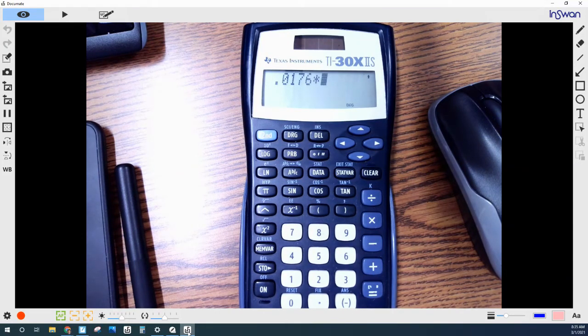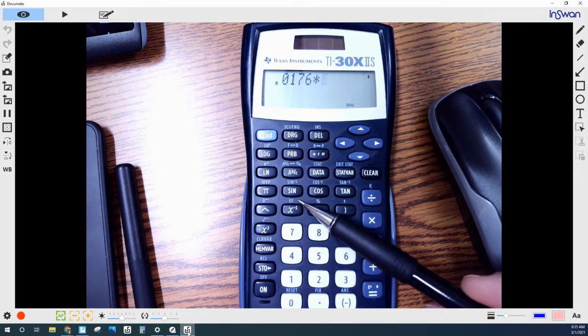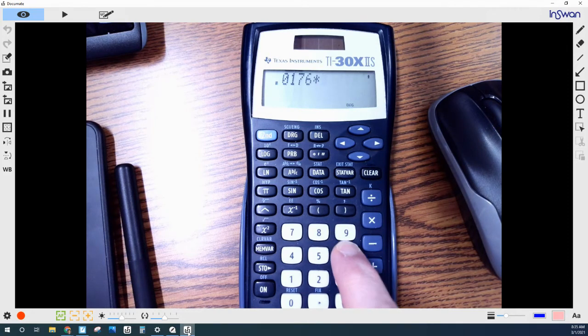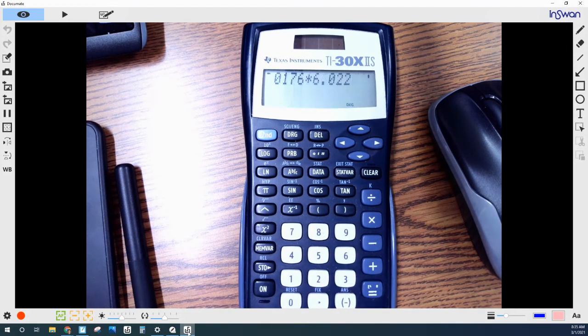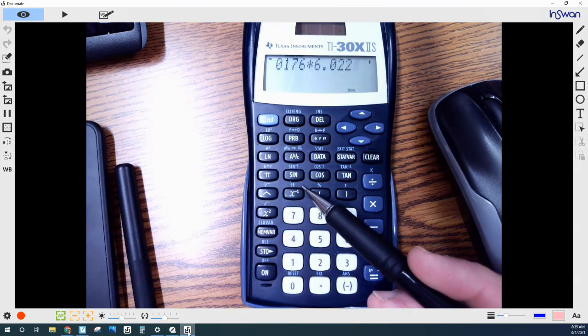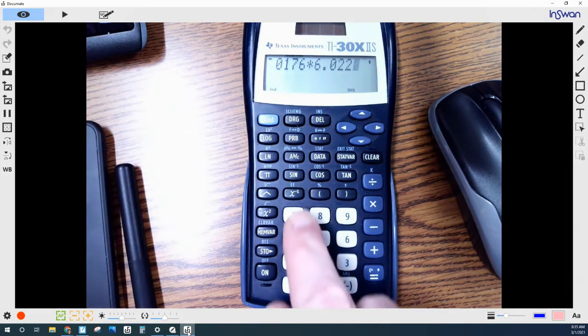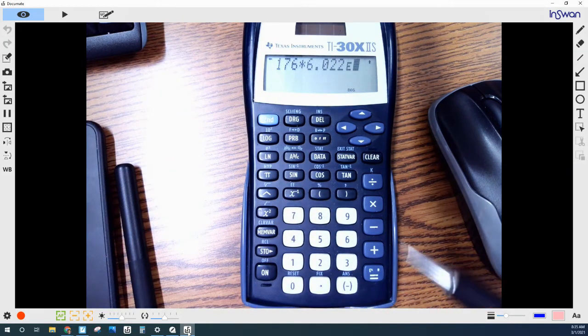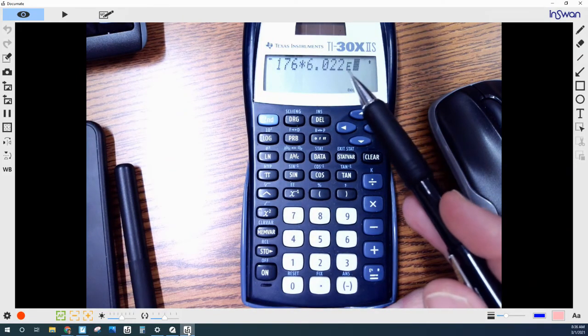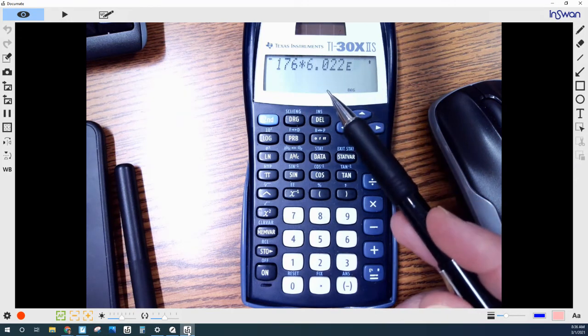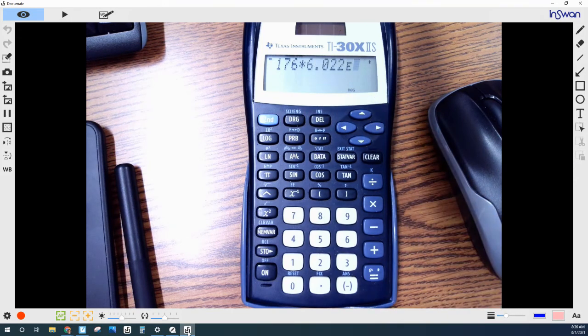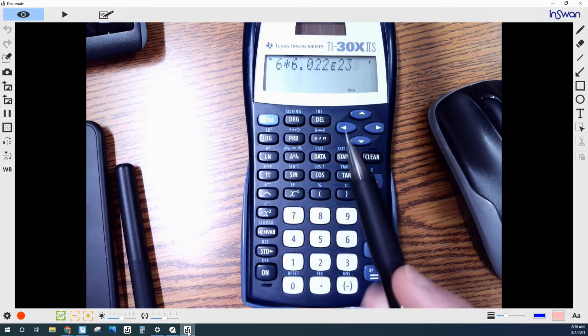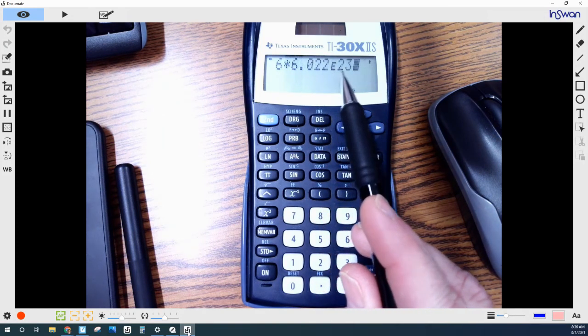Now, my recommendation for Avogadro's number is to use the EE function. EE means enter exponent for scientific notation. So the way I'm going to type in Avogadro's number is 6.022, and EE is a second function. So I'm going to go second EE, and on the screen it just shows a capital E. This means times 10 to the, and the exponent is what you'll enter in. So this is 6.022 times 10 to the 23rd.